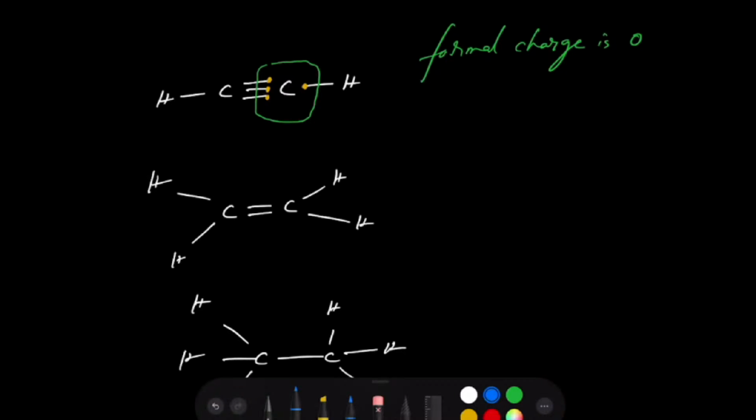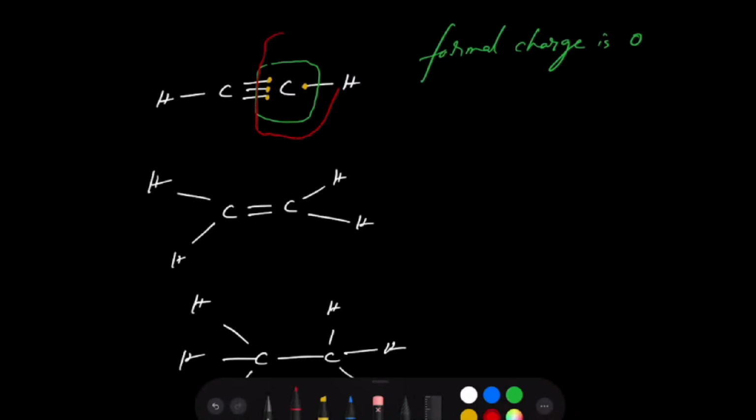Now let me calculate the oxidation states. So for oxidation state, when I do the partition, on that side you have carbon, so it is equally electronegative, so I have to share equally.